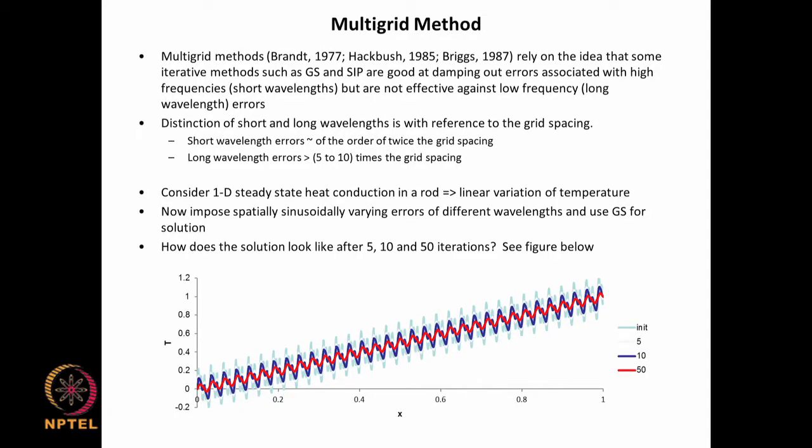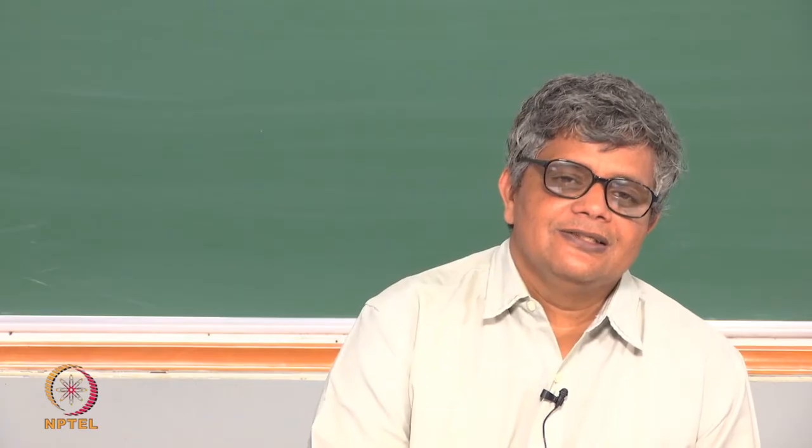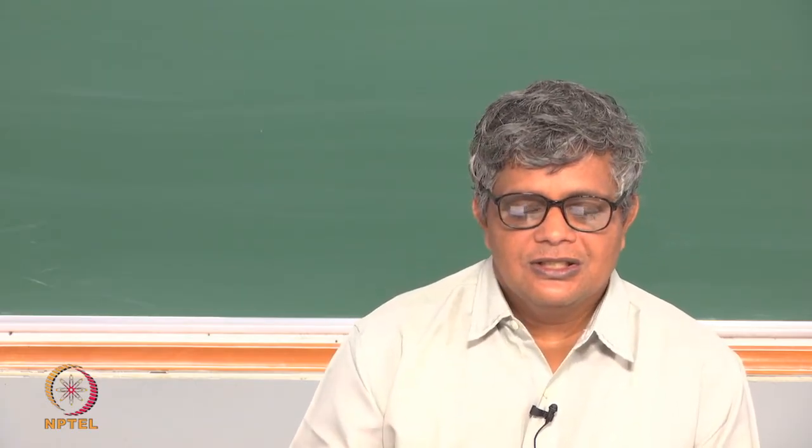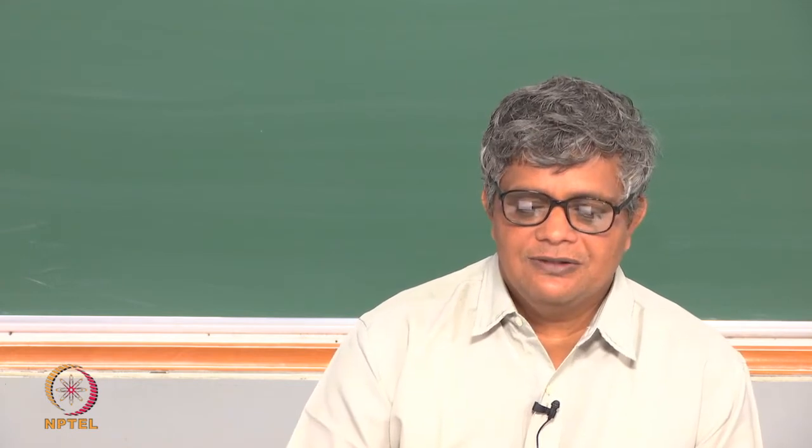Now, this error can be decomposed into many components, and some methods like the Gauss-Seidel method are good at reducing error which is at the smallest scale, and there are some other methods which are not so effective at that.